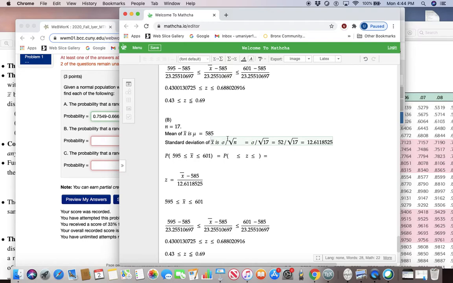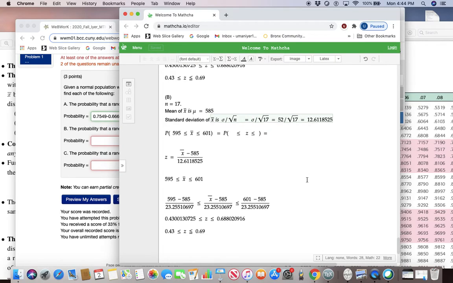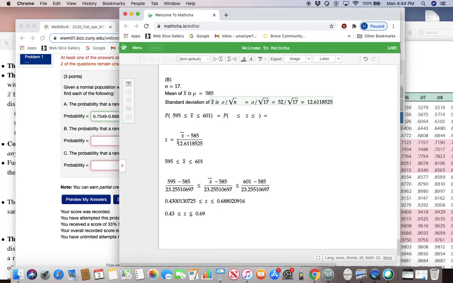As n changes, my standard deviation of x bar changes. That's the only change; the method and everything else is the same. So instead of 23 some odd, I have 12 some odd in the denominator. So these numbers will change out here.